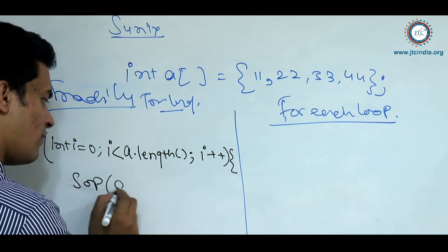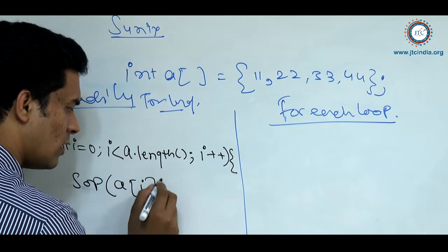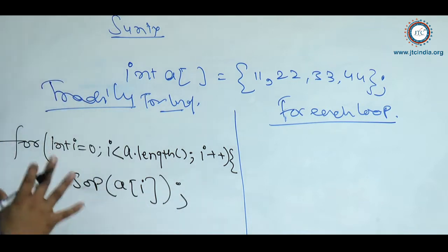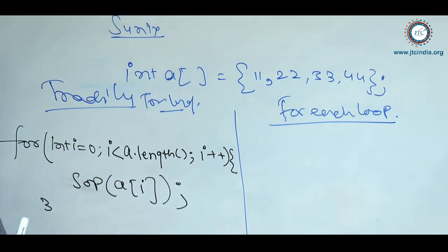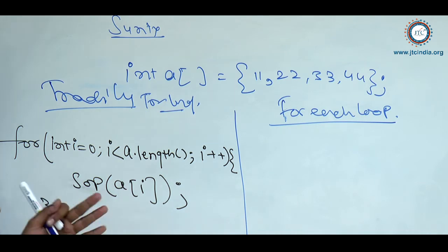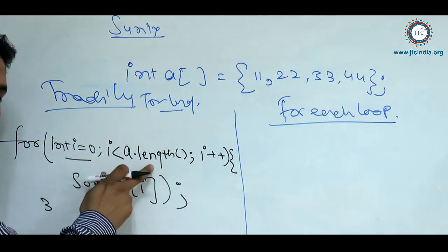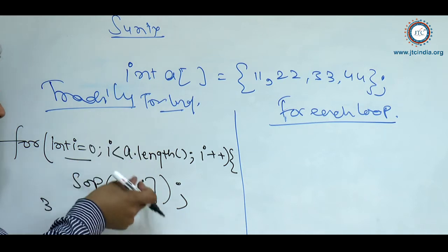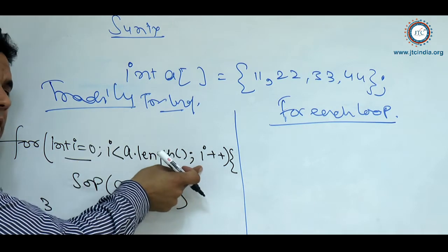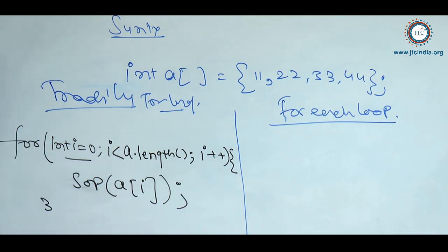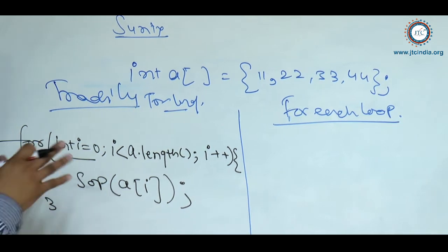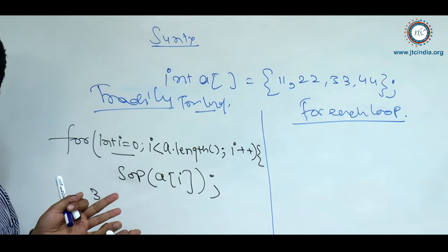SOP of a of i. Let me revise what you are doing in the traditional for loop. First, you are initializing a counter. You are checking the length. You are applying conditions. You are printing the statements. You are performing increment or decrement. That is this many steps just to write a simple for loop.